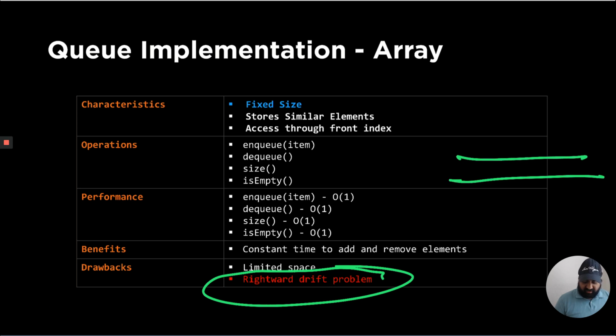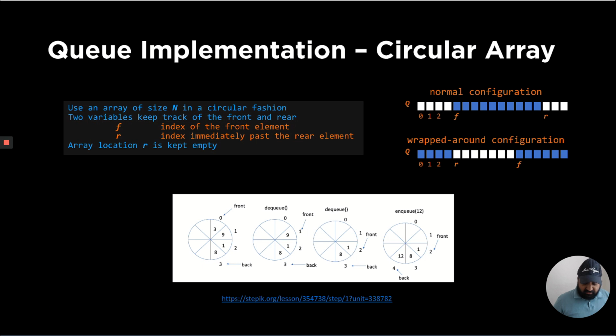which I mentioned: if we do n insertions and then n dequeuing operations, the list behaves as if it is full, but the list is actually empty, and we have moved the pointers to the later half or the last element in the array. So how we can fix that is by using this circular array representation.